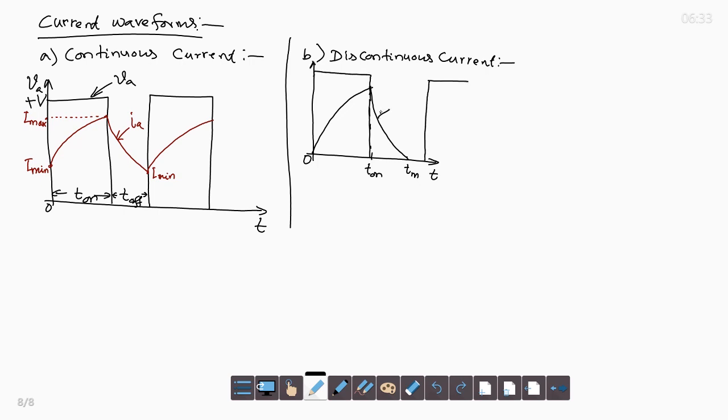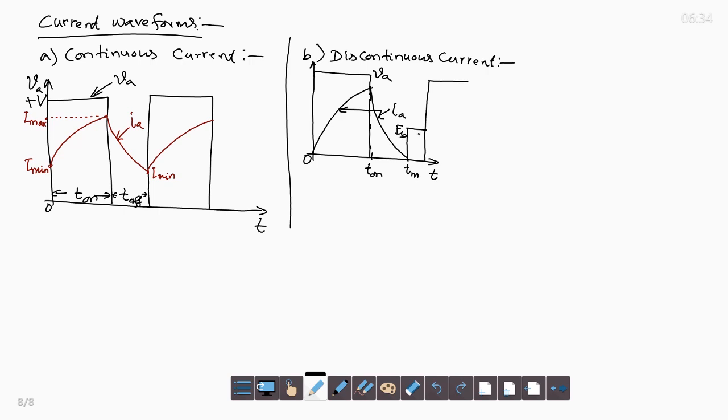So this is the current waveform and this is the VA waveform, and here you have the back EMF EB. When current comes to 0, the voltage across the output terminal VA is EB, the back EMF.